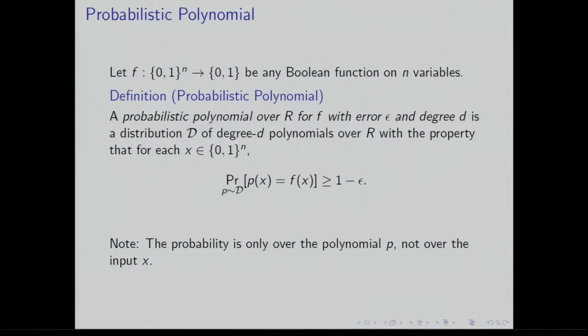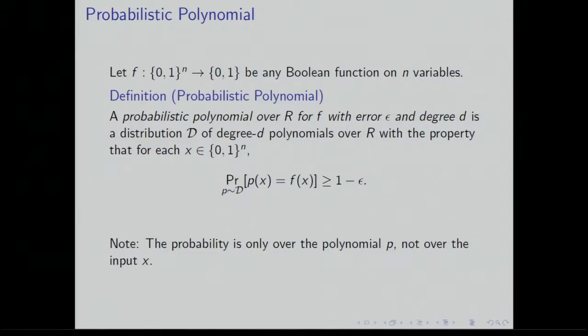And it computes the Boolean function f if the probability, over drawing a polynomial p from the distribution, that the polynomial evaluated at an input x is equal to the Boolean function evaluated at x is at least 1 minus epsilon for every possible input x. So this is really important. The probability is over drawing a polynomial from the distribution, but this is a worst case over inputs x. So later on, when we need our algorithm to have a good chance of being right on any input, this property is going to be important.